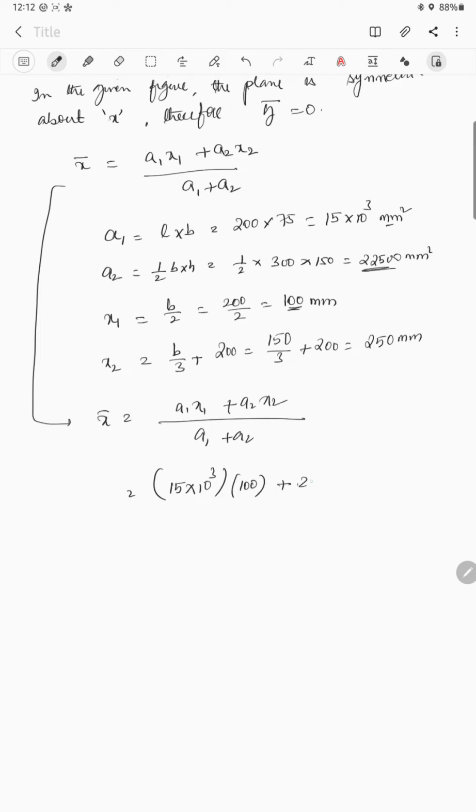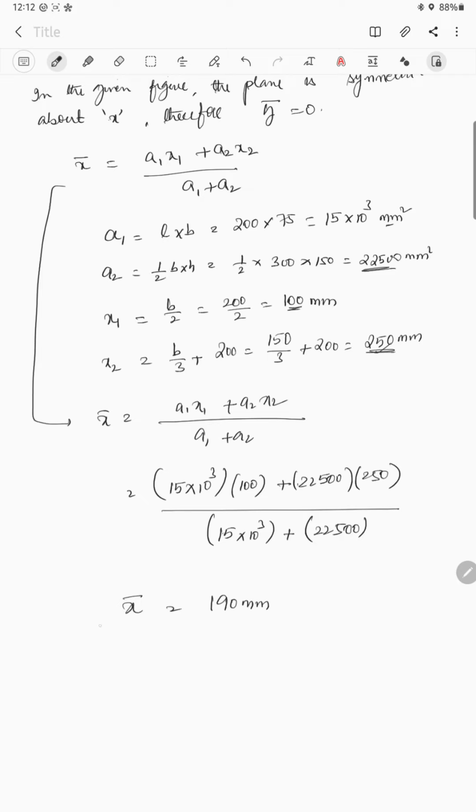A2 is 22500 into x2. x2 is this one, 250, whole divided by A1 plus A2. A1 plus A2 is nothing but 15 into 10 power 3 plus 22500. Once you calculate this, x bar will be equal to 190 mm.